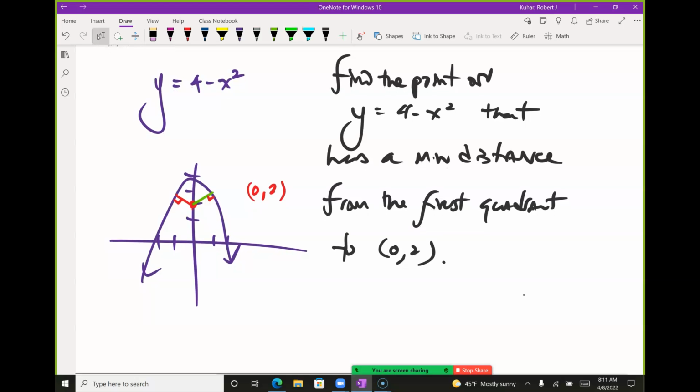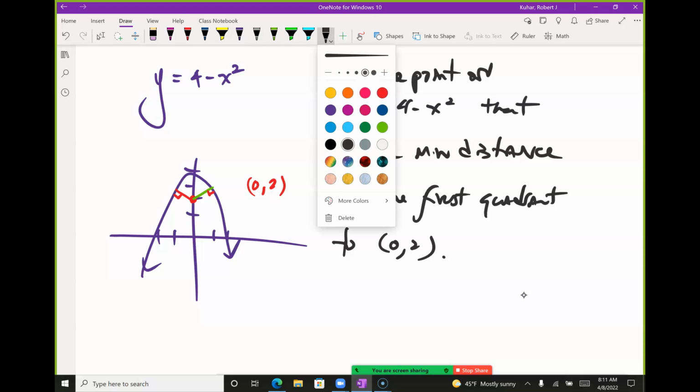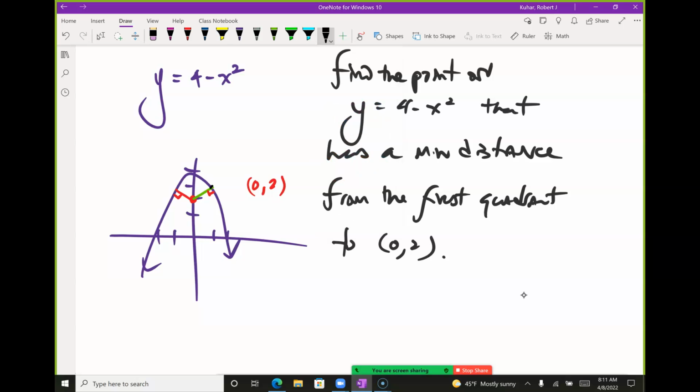Okay, so what is our arbitrary point here on this curve? What is our arbitrary point that we need here? Right? Why is nothing working today? There it is. It's x comma y, right? But I'm going to substitute the y with 4 minus x squared, right?